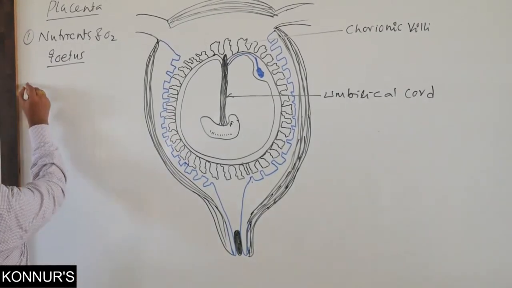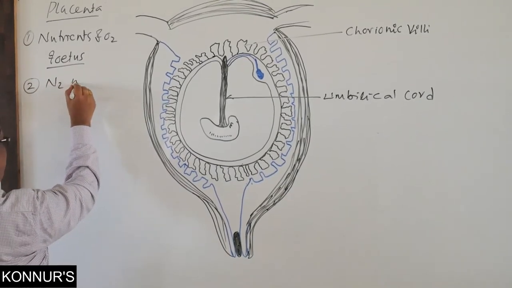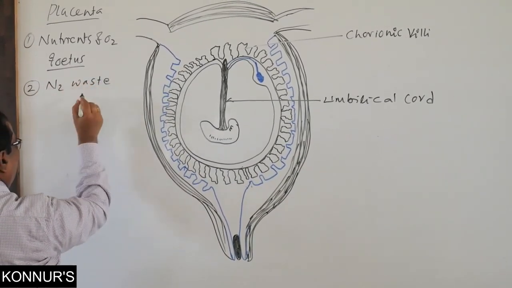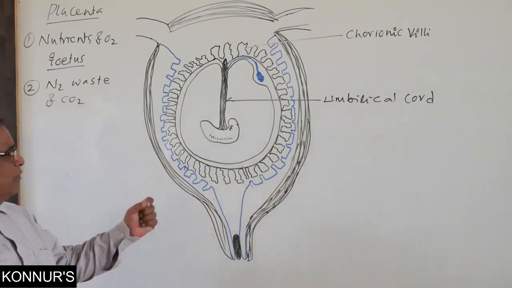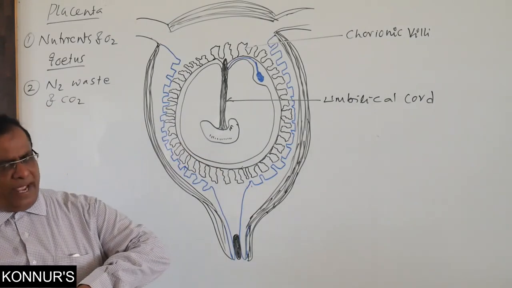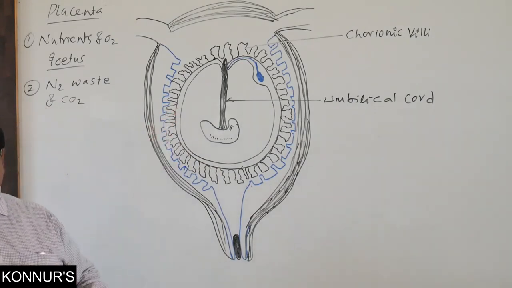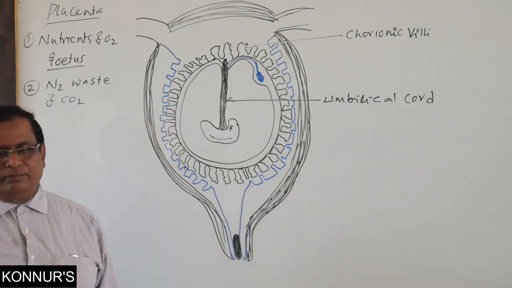And the second one: the nitrogenous waste and CO2, which are formed in the fetus, the growing embryo, go back to the mother's blood through the placenta only.